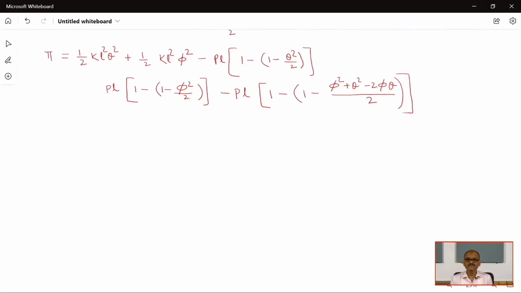This is the expression of the total potential energy of the 2 degree of freedom system, and we will further simplify this.